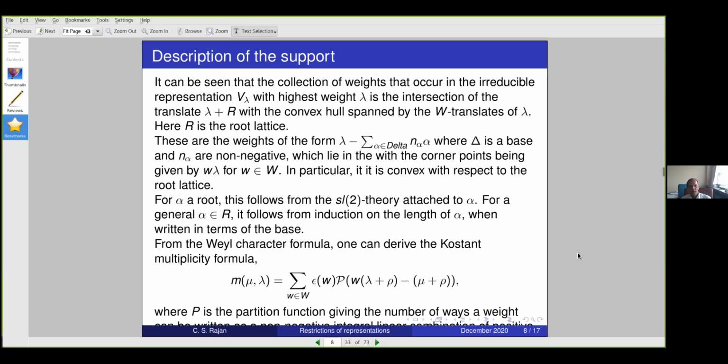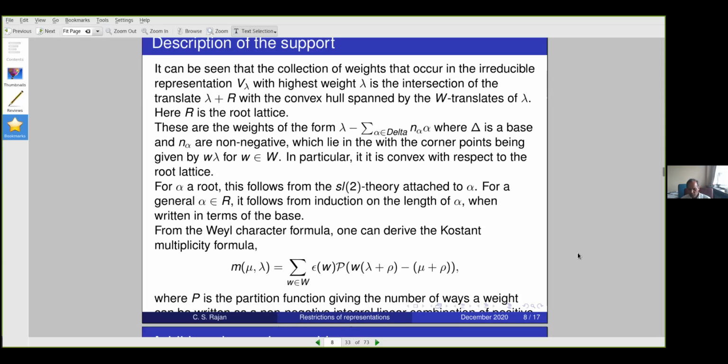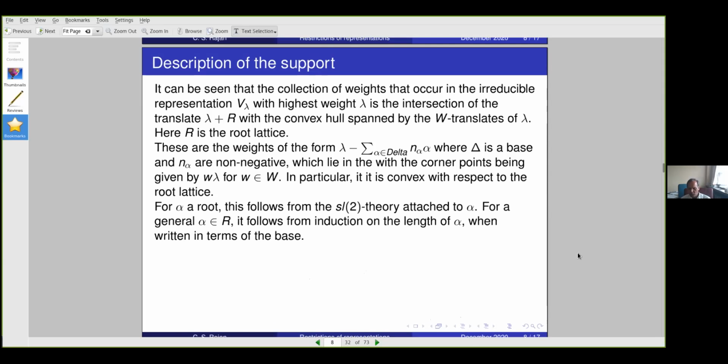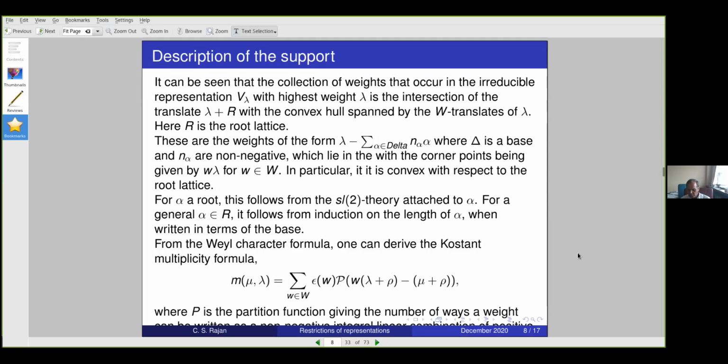There is also, from the Weyl character formula, a way to derive the multiplicity formula recursively in terms of the weights, but this is in terms of the partition function. Sorry, you can't see it, I think it is overflowed on that page.